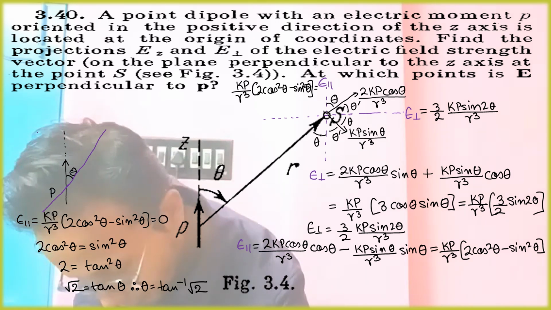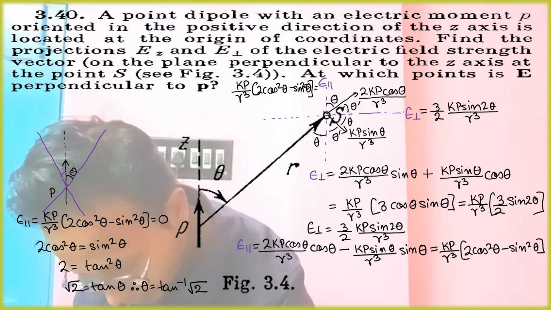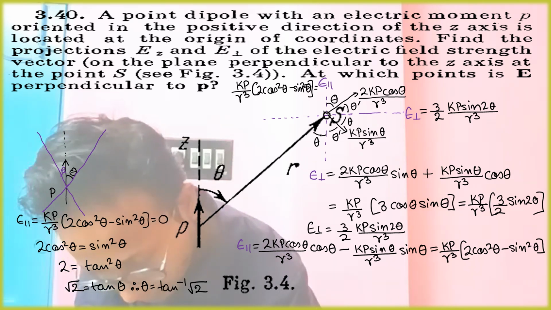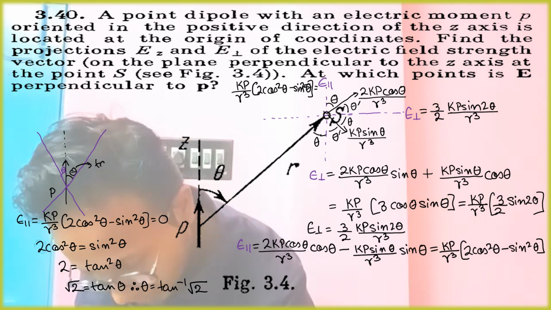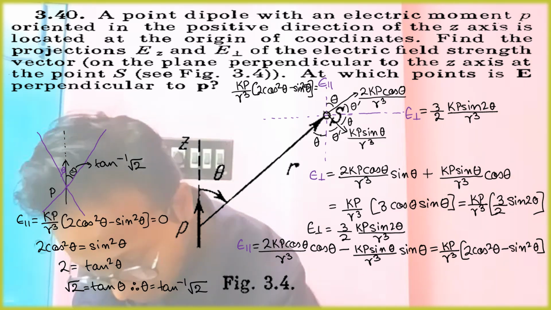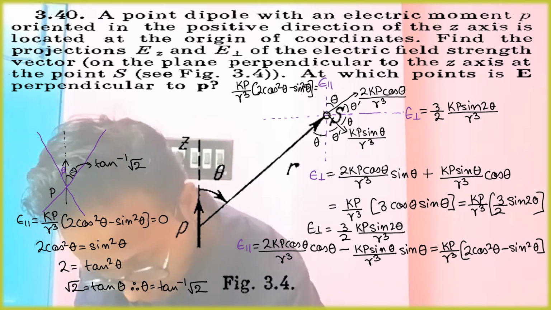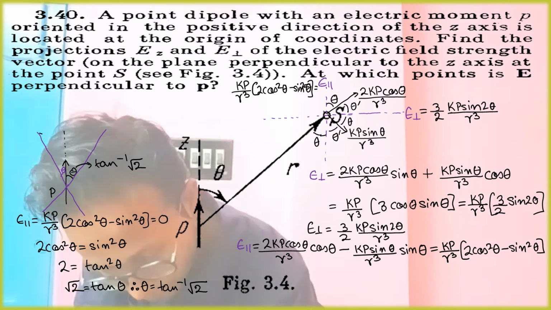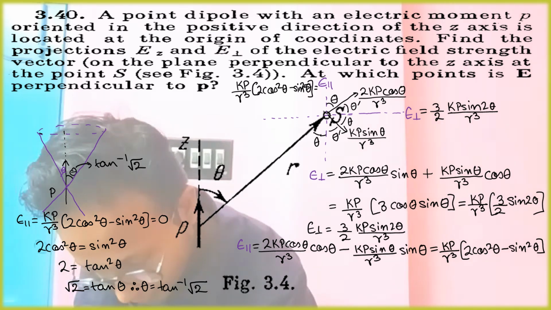Same cone I draw out here. This also is theta. So if theta is equal to tan inverse root 2, that means at every point in this cone, this is a 3D cone, okay.